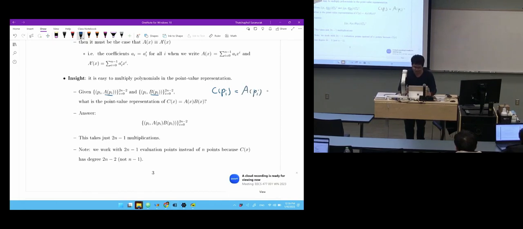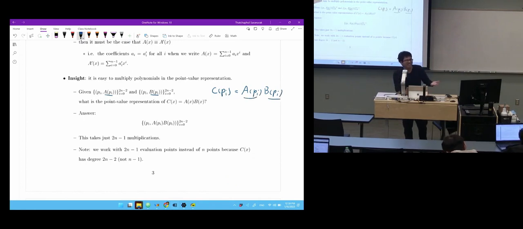This is something that you are given, so you can just multiply them together, right? All you need to do is multiply the input point-wise, and you're done. But one thing is that how many points you need is going to be something like 2n, not n, because C now has degree about 2n, so you need at least 2n points to determine C.